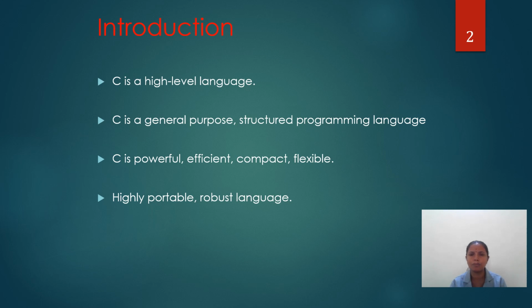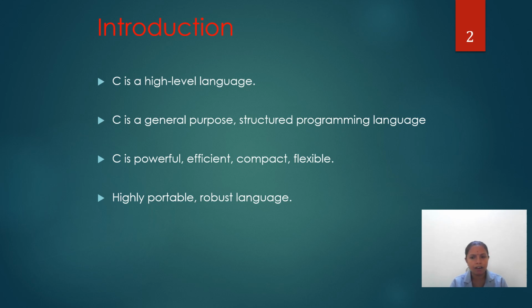It is used to develop application programs, system software, and operating systems also. C is a general purpose structured programming language developed by Dennis Ritchie in 1972 at Bell Laboratories.